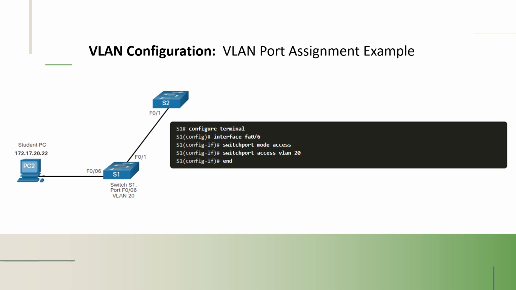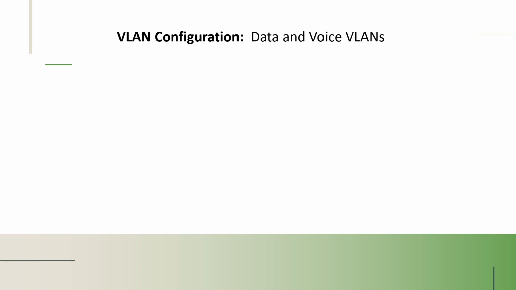An access port can belong to only one data VLAN at a time. However, a port can also be associated with a voice VLAN. For example, a port connected to an IP phone and an end device would be associated with two VLANs, one for voice and one for data.